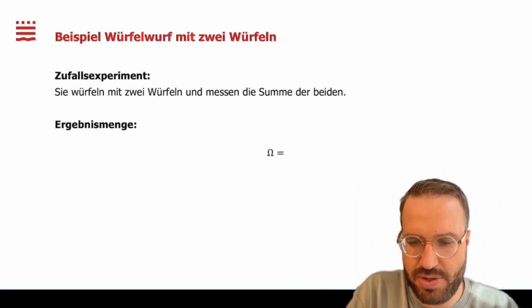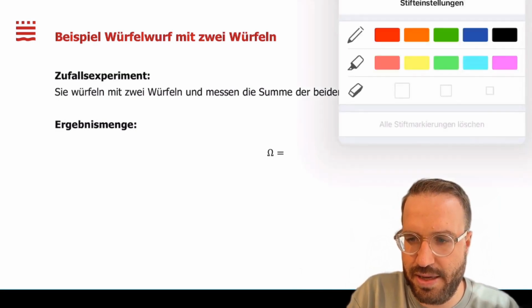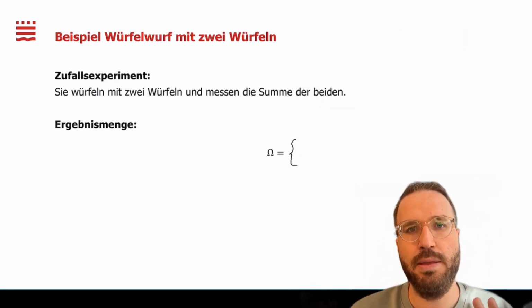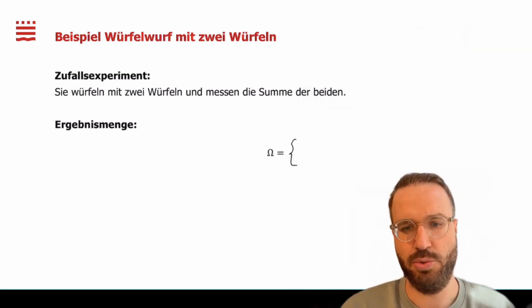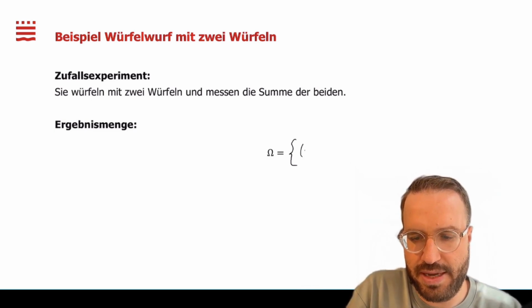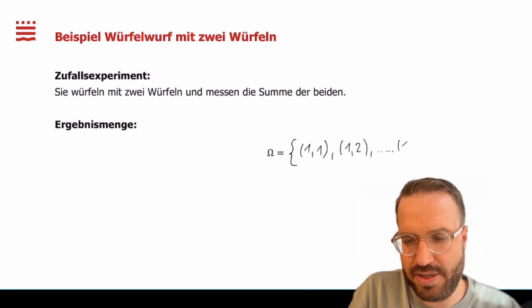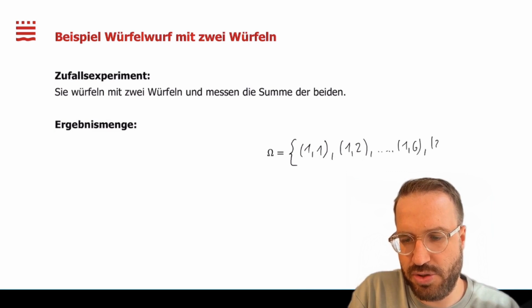What we could do to create a Laplace experiment, so to speak, is to write the actual numbers of the two dice as tuples. So, in other words, the possibilities are (1,1), (1,2), up to (1,6), and then we continue with (2,1), (2,2), and so on, until we eventually reach (6,6).